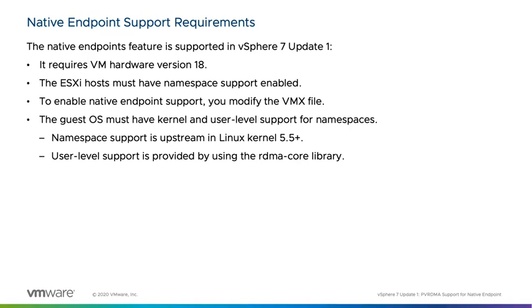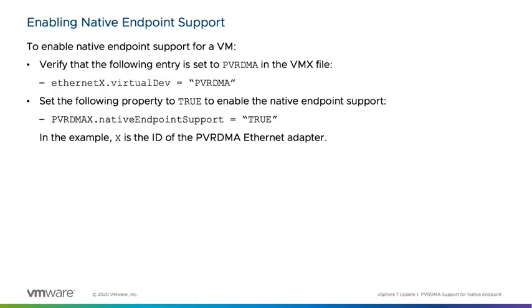The next line needs to be manually added to the VMX file, pvrdma followed by the same number identified in the previous line, .nativeEndpointSupport equals true. X refers to the ID of the PVRDMA Ethernet adapter of the virtual machine.